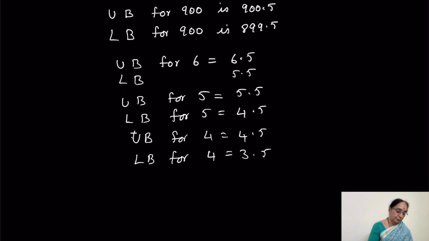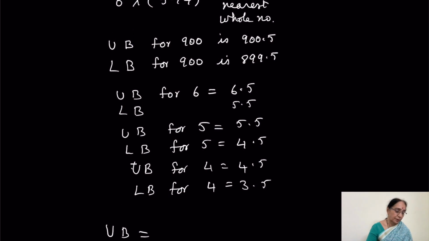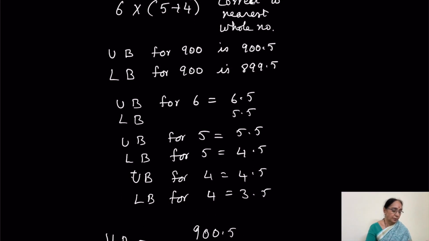So to get the upper bound, first I choose the upper bound for the numerator, that is 900.5. And for the denominator, I choose the lower bound.